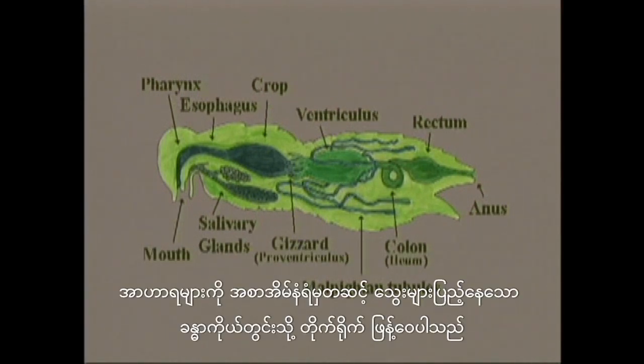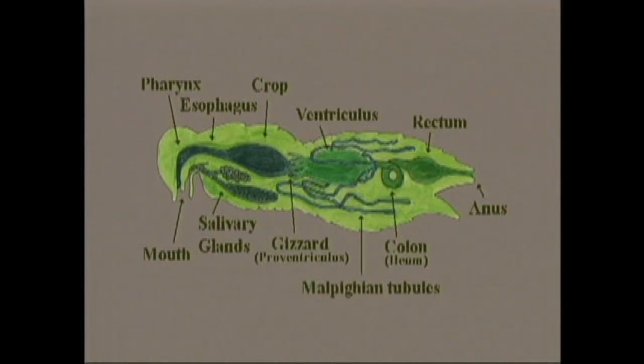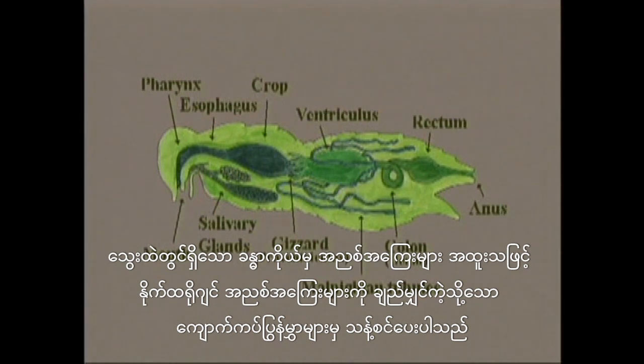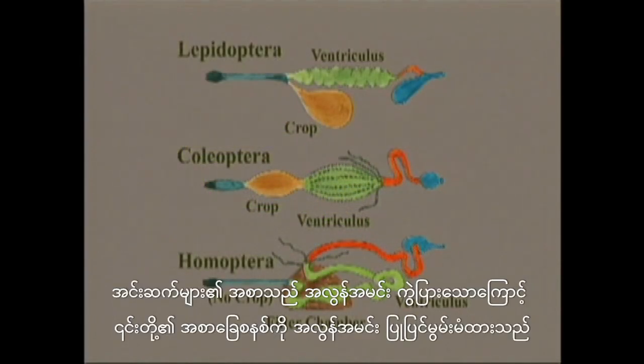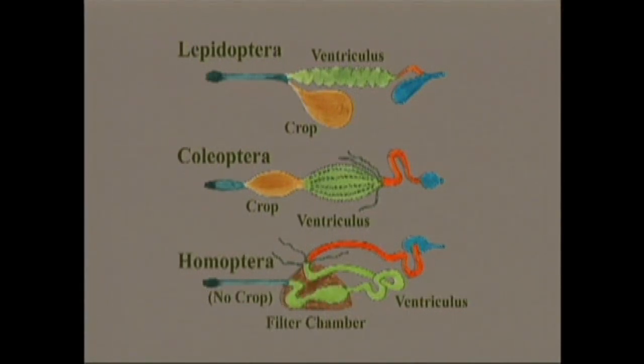Nutrients are distributed directly into the blood-filled body cavity through the stomach wall. Body wastes in the blood, especially nitrogenous wastes, are cleansed by the thread-like Malpighian tubules. Because the food of insects is extremely varied, their digestive systems are extremely modified.